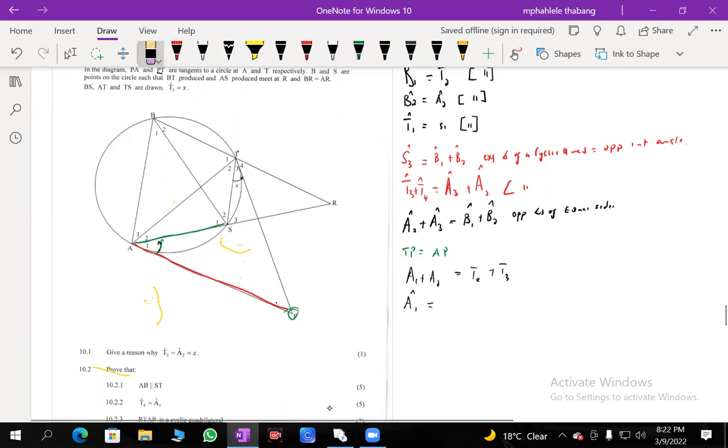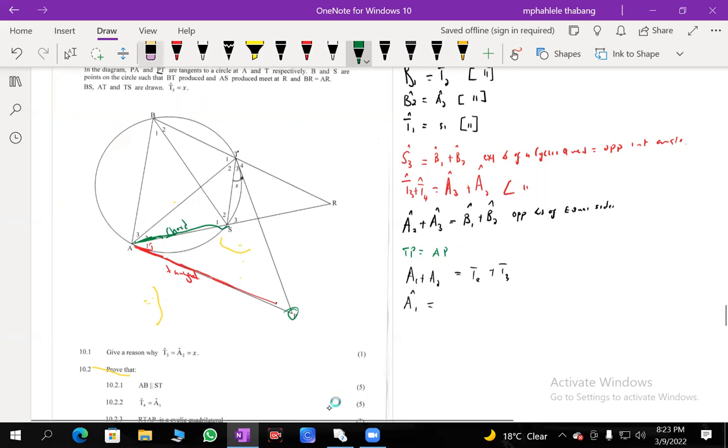Looking at it, angle A1 is made by this line and this other line. And looking at the red line, it's my tangent. And this other line here, it's my chord.